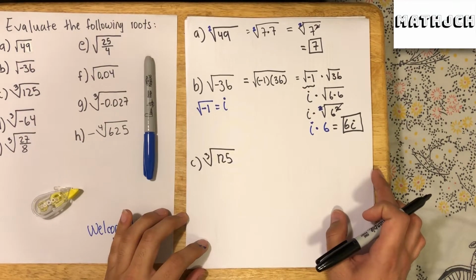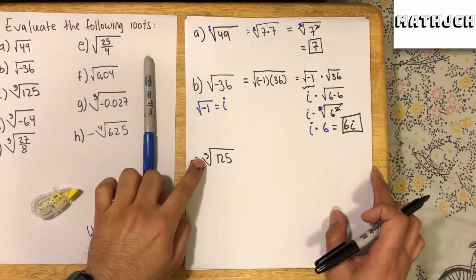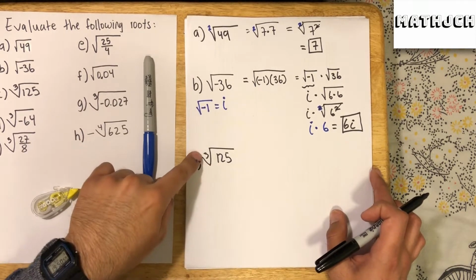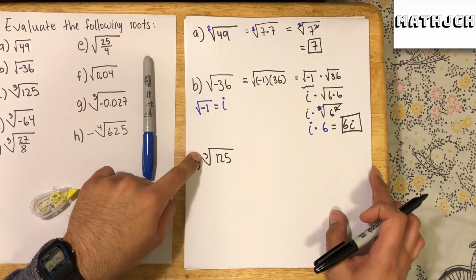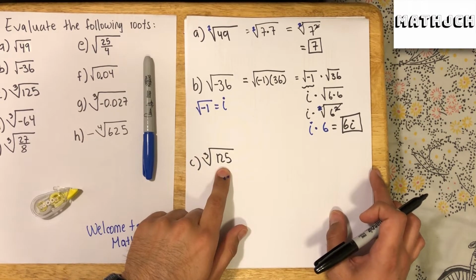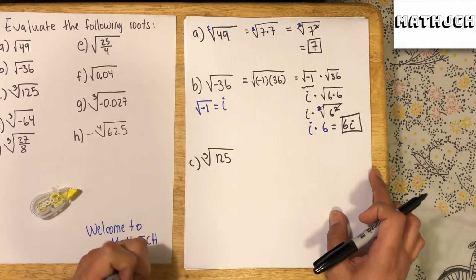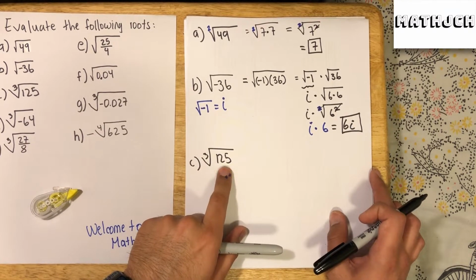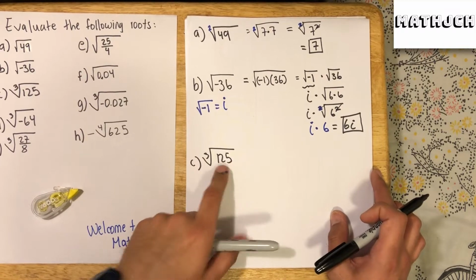For problem number 3, we have a cube root of 125. In this one, the index is given, which is a 3. So how do we evaluate this root right here? The step to evaluate is to do the prime factorization of whatever number is inside the root.